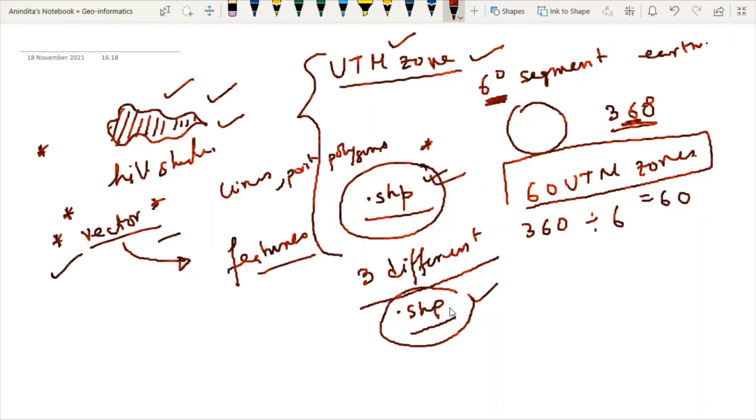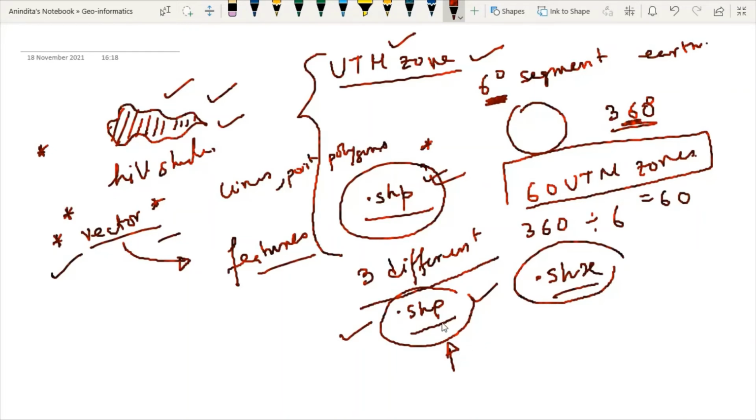But we cannot use this shapefile in isolation. The working folder needs to have another file, known as the .shx file. In the previous class, we already discussed this .shx file, which is basically the positional index of each geometry. So the .shp file contains the geometry of the polygon.